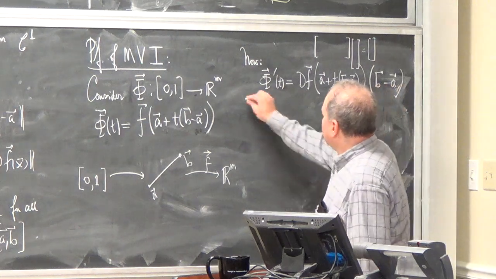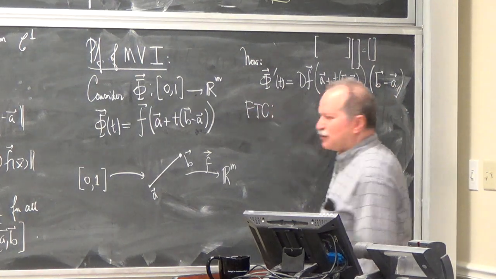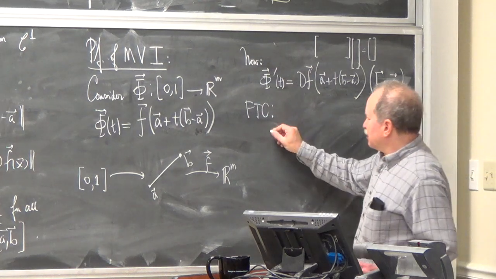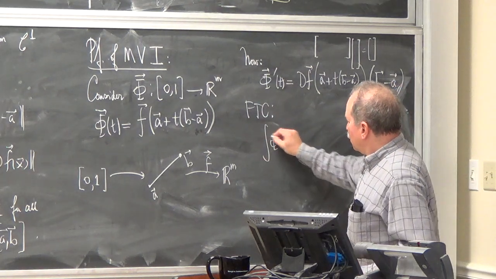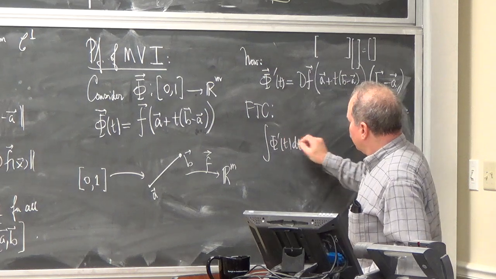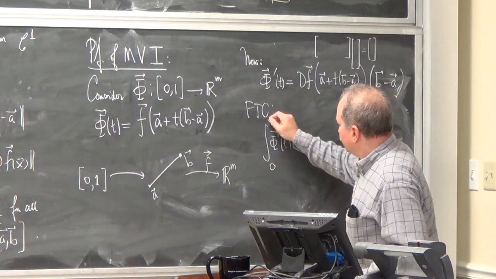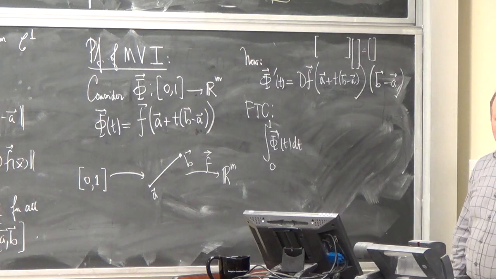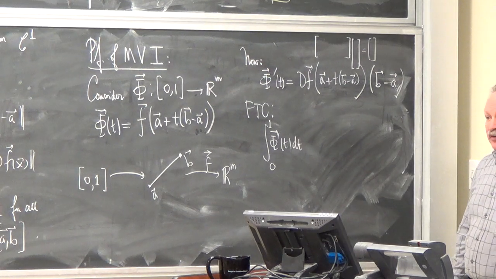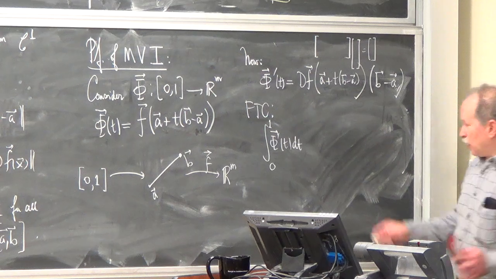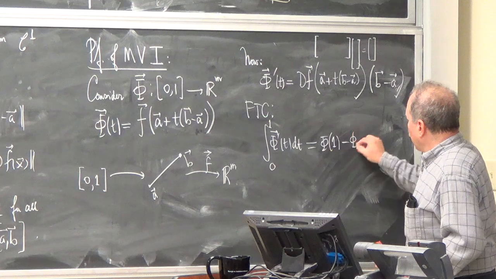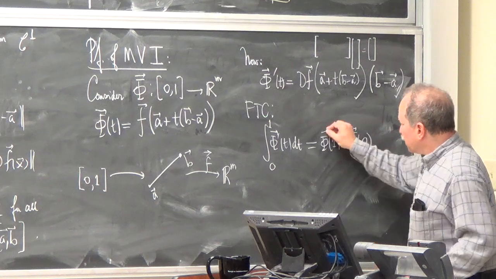All right, fundamental theorem of calculus, lest you forget. What happens if I integrate a derivative of somebody from 0 to 1? You get the somebody evaluated at the endpoints: phi of 1 minus phi of 0. And that's still true for vector functions because I'm just doing it component by component.